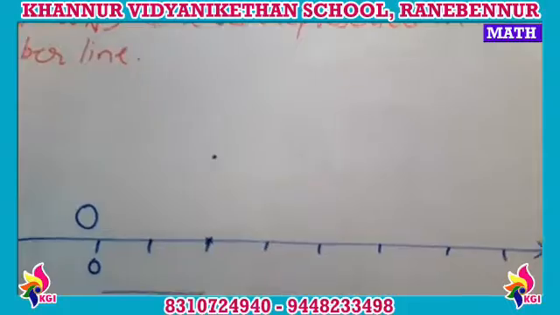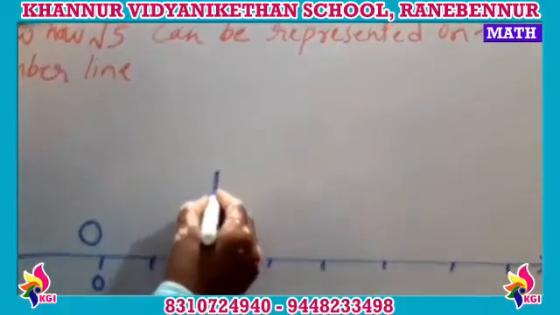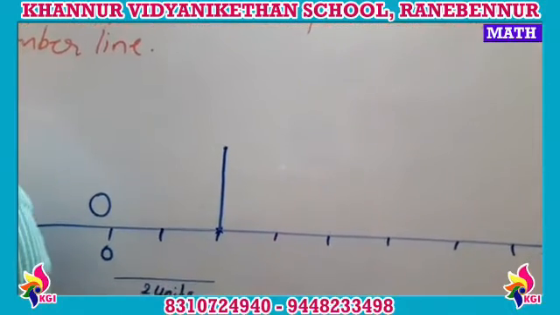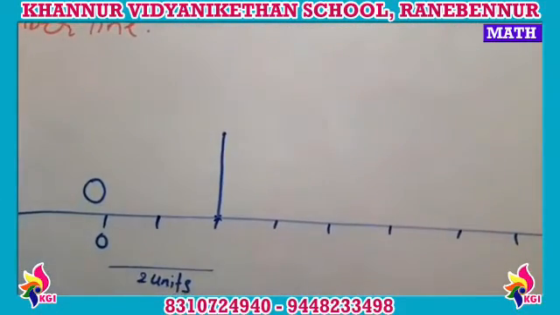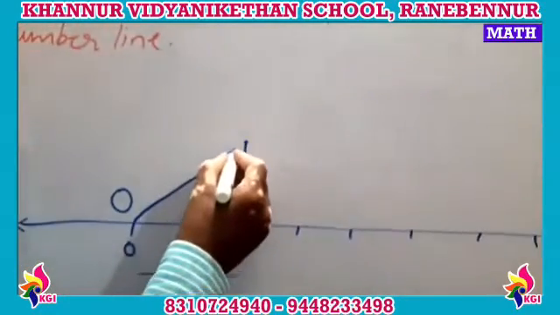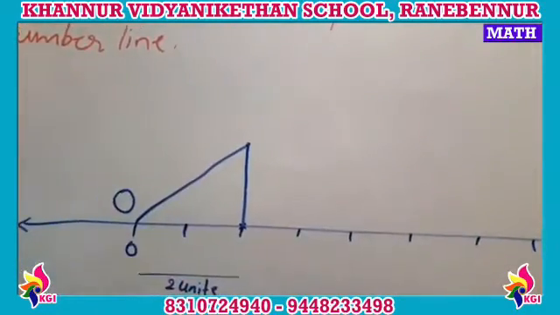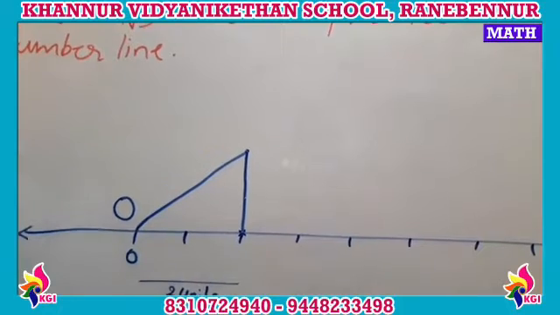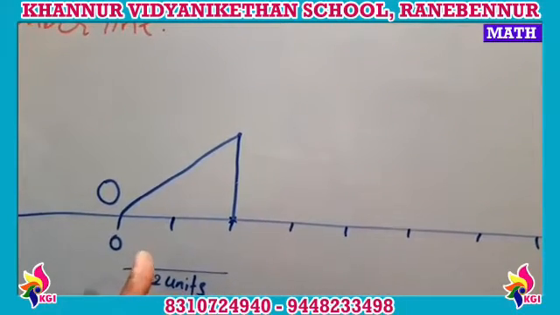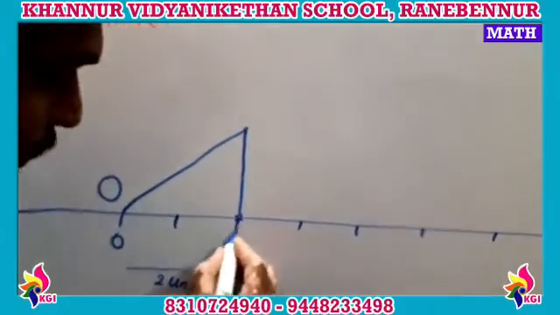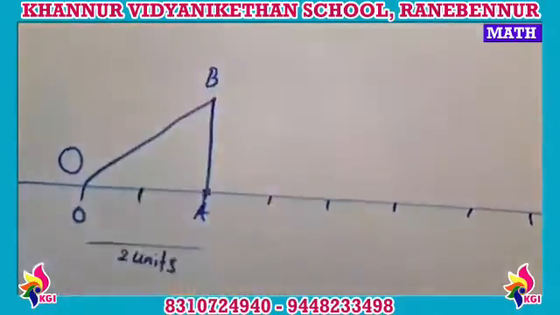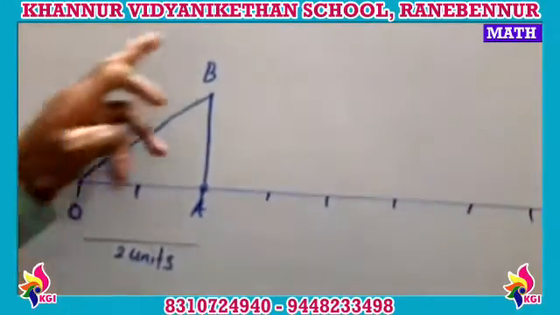Now I take a vertical line. Having taken the vertical line, next I need to join from this O point to this point vertically. Now it is done. Here we have shown this as O, then you can show this as a point, here you have taken the B point. It's the O point, it's the B point.